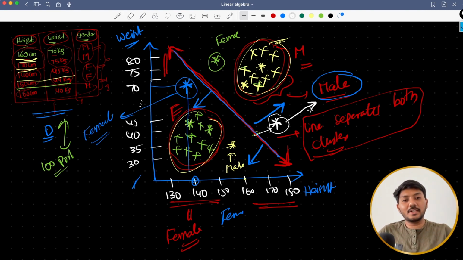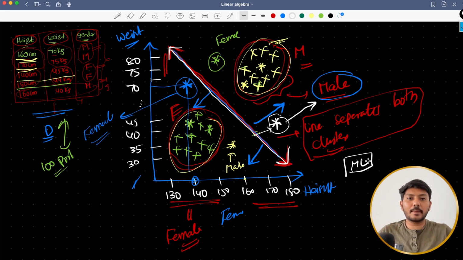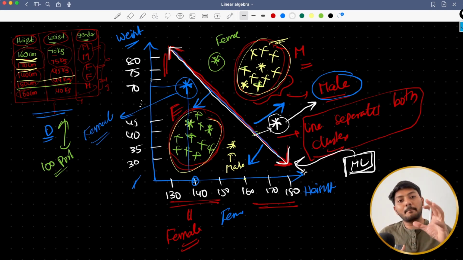So what machine learning is doing is trying to find this line. That black box that we talked about, this machine learning black box, is trying to learn this line. And once it learns this line, that means it learns the pattern. Given a new point, by comparing which side of the line the point is on, it will predict whether it is female or male. Hopefully that is clear.